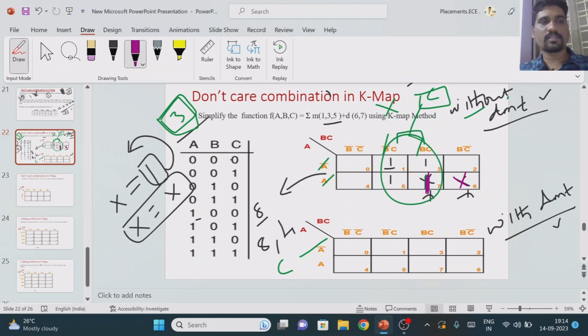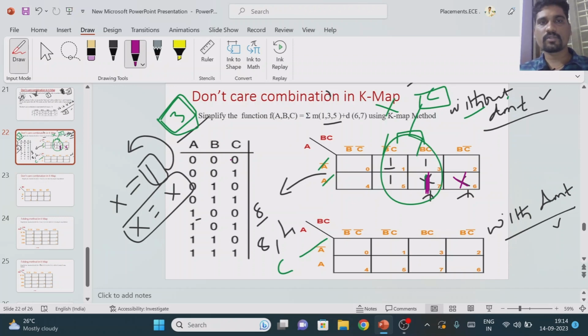So the final thing I am trying to say is, don't care combinations are used to produce the simplest output expression. If you feel that it will be useful in our solution for minimization in SOP function, you consider it as 1. If not useful, you just omit it, right? Like that we need to use the don't care combination.